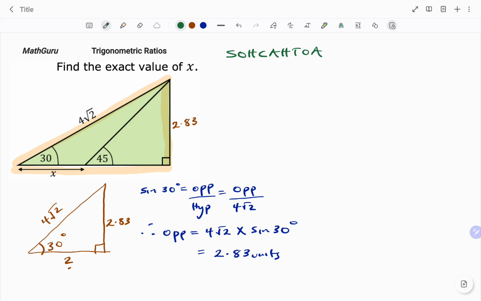My Pythagoras theorem states that the square of the hypotenuse, or the longest side, that's 4√2 all squared, is equal to the sum of the squares of the other two sides. So I have that as 2.83 all squared, plus I'm going to tag the last side x.